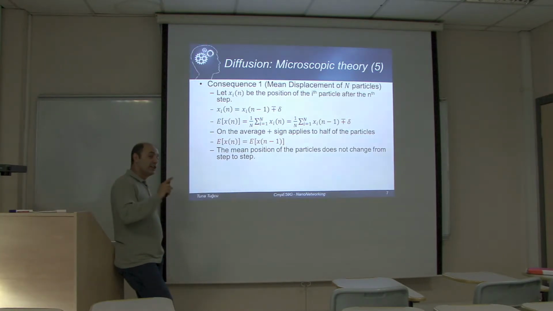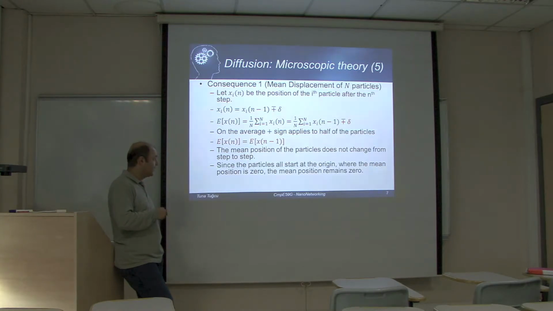Pay attention. The position of the particles changes from step to step because they take steps. The mean of the whole group does not change. That's the point. And since the particles all start at the origin, at step 0 the mean is at the origin.